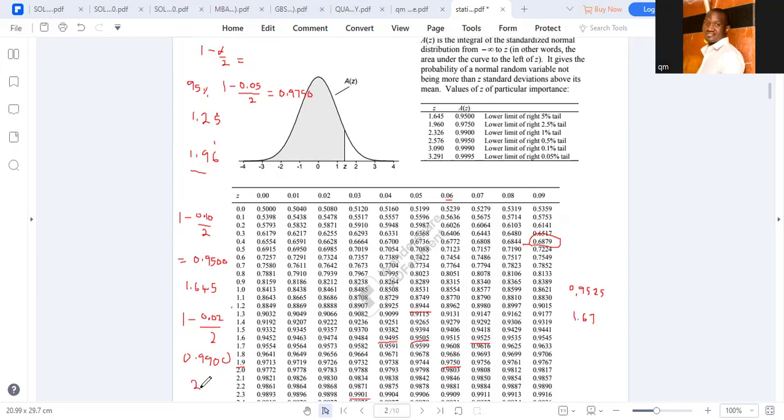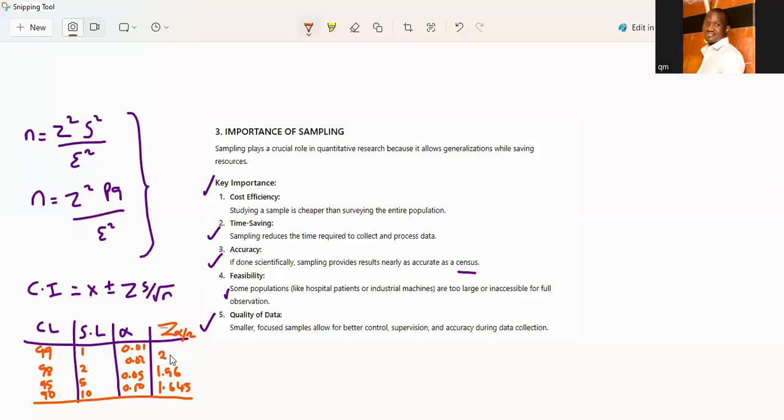Do you agree? Right. So now you know how to read it on your own. This is 2.33. If you do the same for 99%, you find it at 2.58 or 2.575. So these are the Z figures.